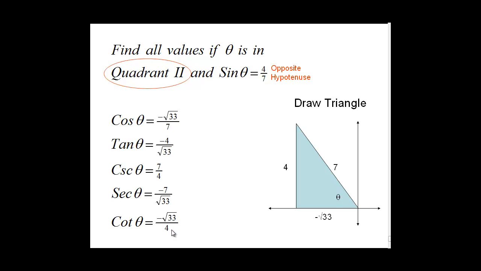So anytime you're working with values that you're given, draw a triangle. In this case, I put it in the second quadrant. If it says first quadrant, draw one in the first quadrant. Make sure your angle goes between the x-axis and the side that you drew in. So we draw a side inside our quadrant first, and then the angle goes from that side down to the x-axis. Don't ever go sideways.